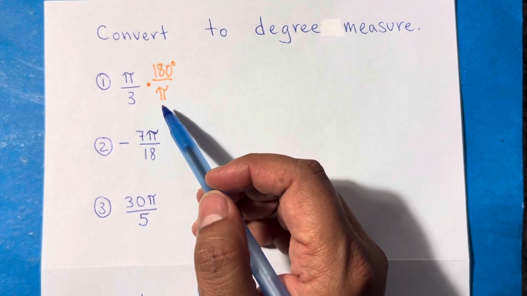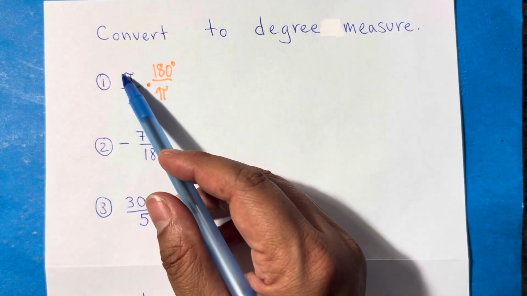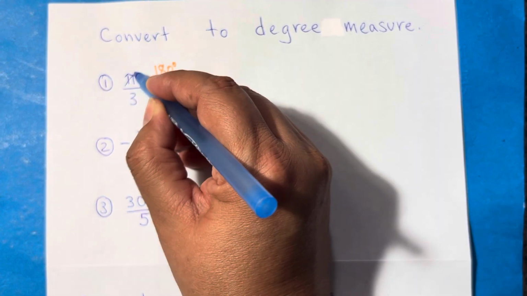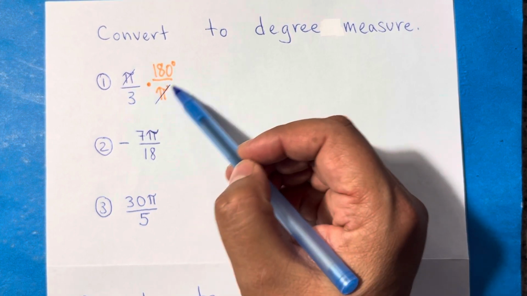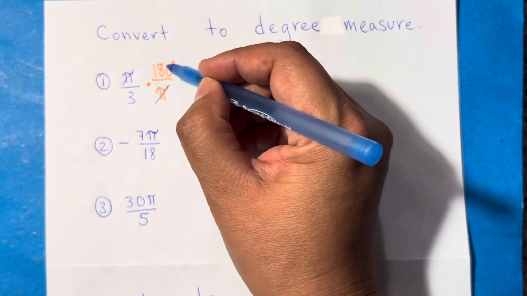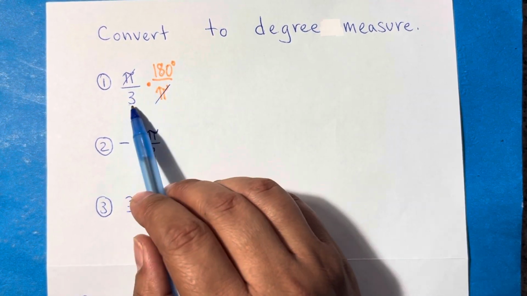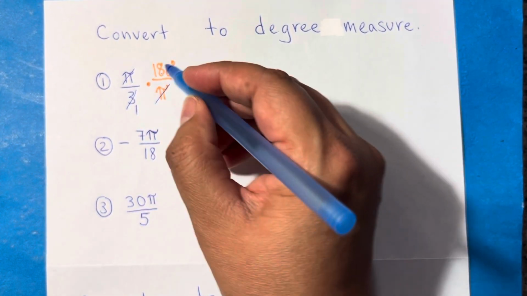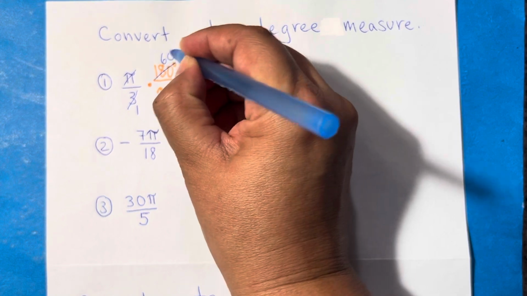Okay, so in here, something that we're going to do is that whenever you have the same value across, cancel pi and pi. On these ones, they can also be simplified across. The 3 is divisible by 3, and you get 1. 180 is divisible by 3, and you get 60.